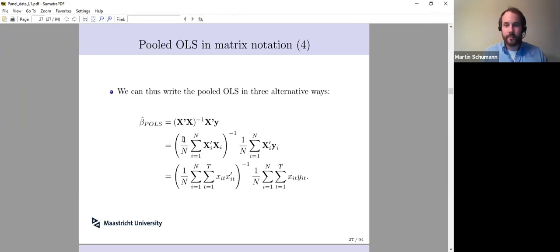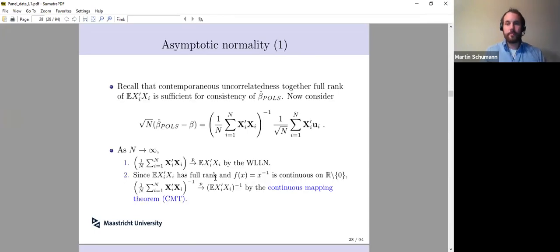Here you have the average across i, and that makes very clear that if we let n go to infinity, some convergence is happening here and here. And also what we will use is this form, which makes very clear that we are in a panel data set, with this additional sum over t. Okay, so I think that was pooled OLS in terms of consistency.